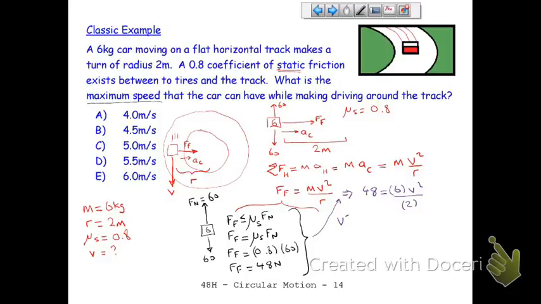So v squared is equal to 48 times 2 over 6. 6/8 of 48, so that's 8 times 2 is 16. So v is equal to the square root of 16, which equals, and again, we're talking about speed, which is a scalar, so I don't need to worry about the sign on this thing, and it's going to be 4 meters per second.